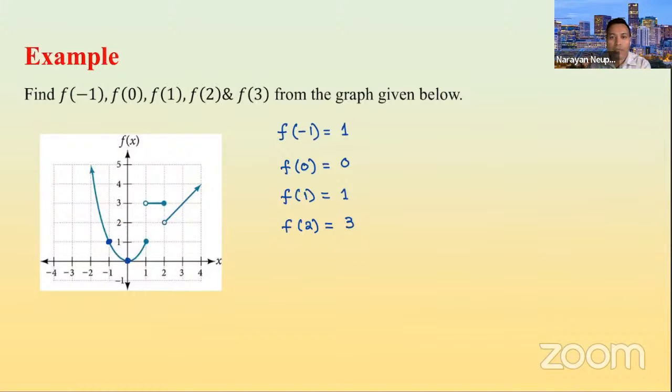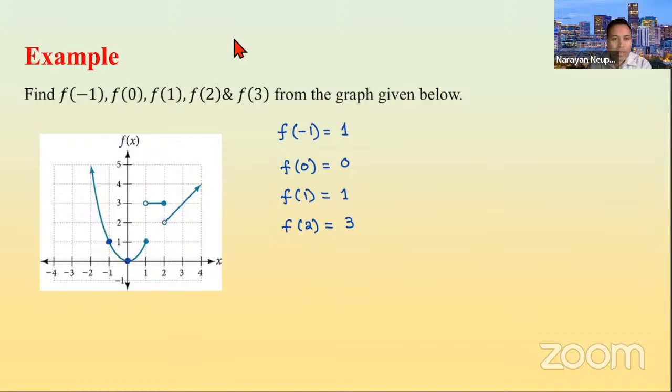So you have to be very careful when you have values like that. Always see there are two values. The value down here is not included, but the value up here is included. So that is a 3. Over here at 1, you can see this value is not included, but this one is included. So f of 1 is a 1.